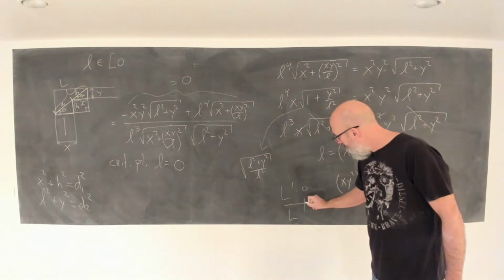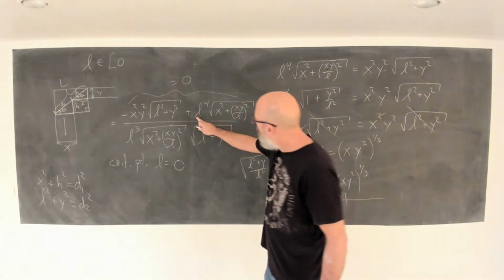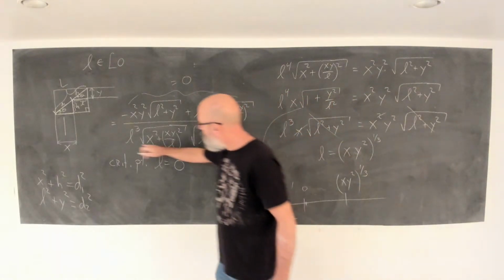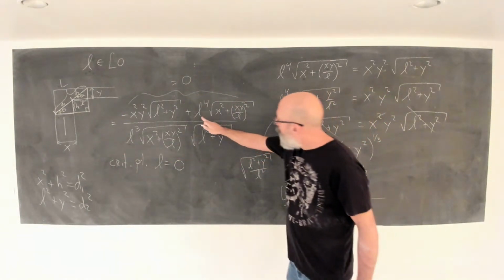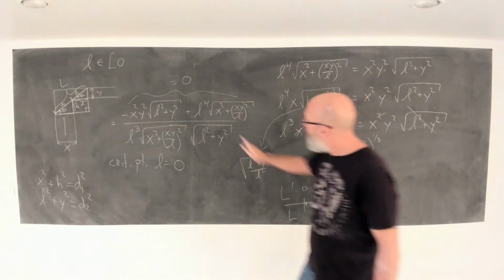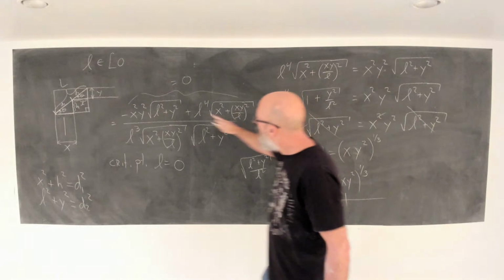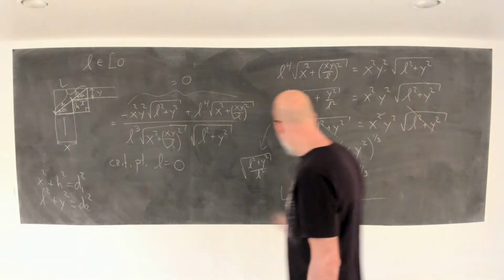And if you take a number very close to zero, if L is very close to zero, first of all, the denominator is always positive, right? So we don't need to worry about that. Taking a number very close to zero, this is going to be close to zero. So this whole thing is going to be negative.